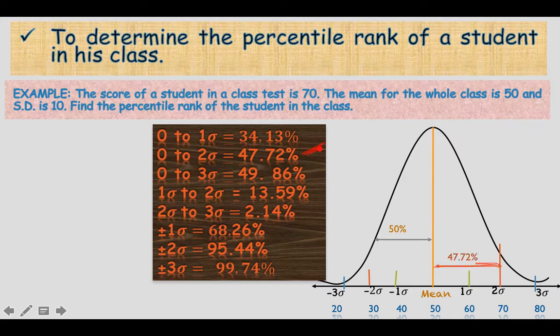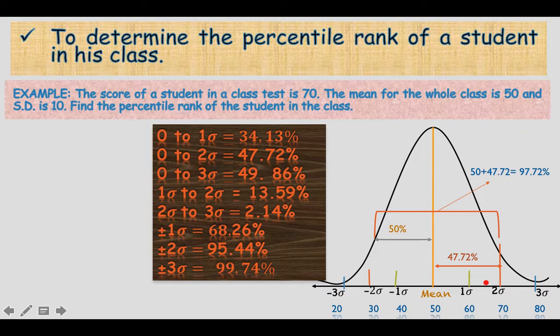47.72%, and this means in this portion there are 47.72% of the cases. But we have to find out how many percent of the students lie below this plus 2 standard deviation. So we are going to add these two, that is 50% plus 47.72%, which will be equal to 97.72%.